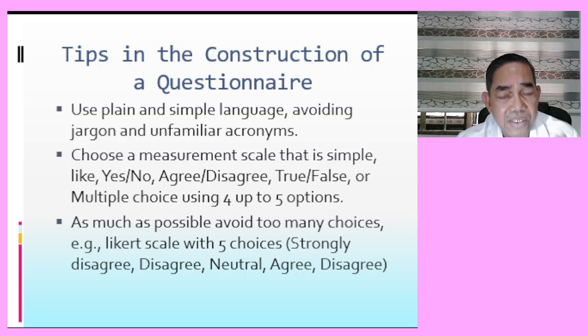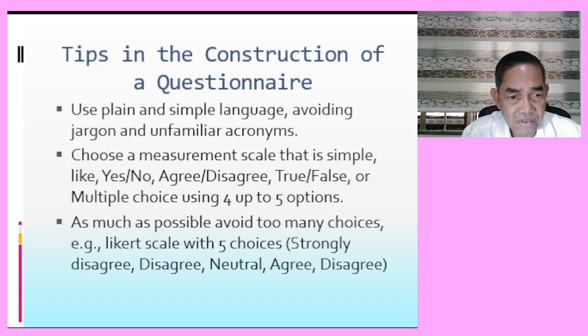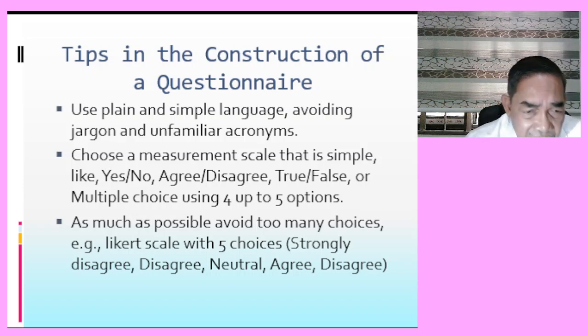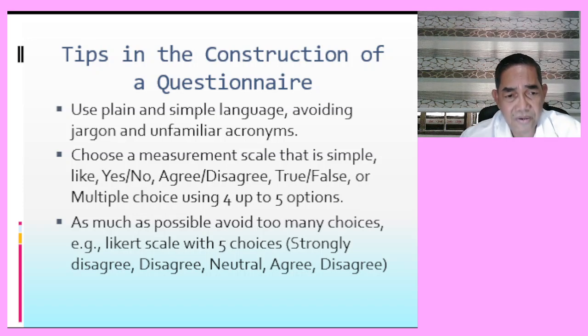As I said, this is simple and easy to understand. As much as possible, avoid too many choices like the 5-point Likert scale if it is not really necessary. If the level of agreement is not really that necessary, then you avoid. At most, just give 3 choices: agree, disagree, and neutral.